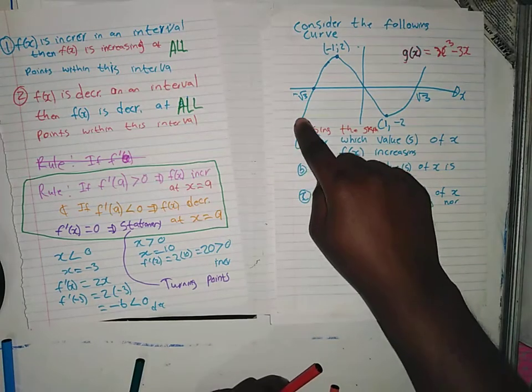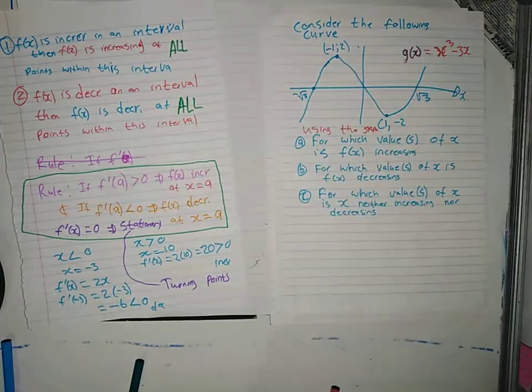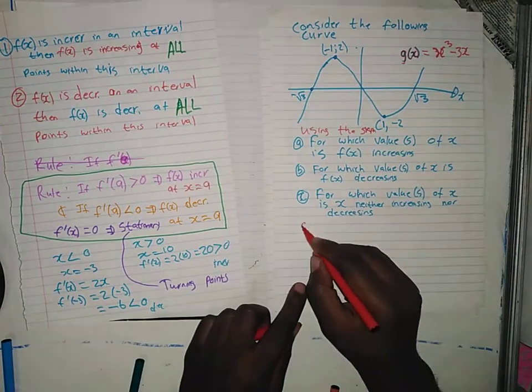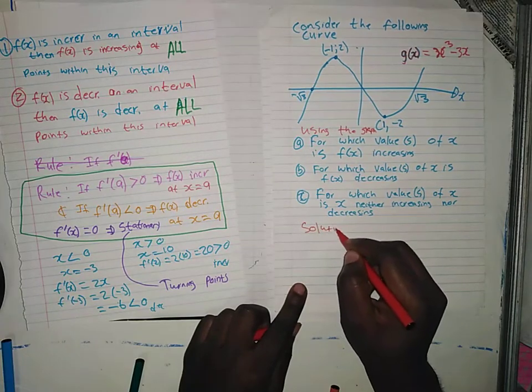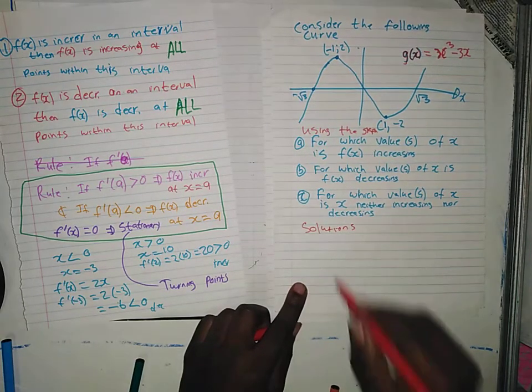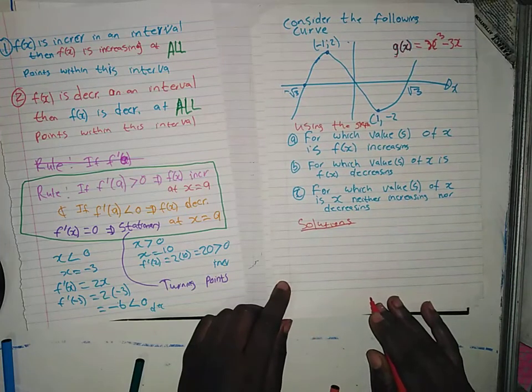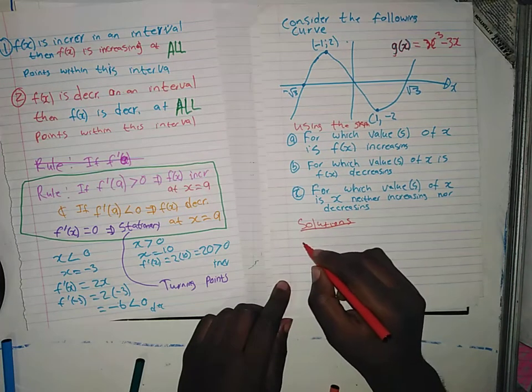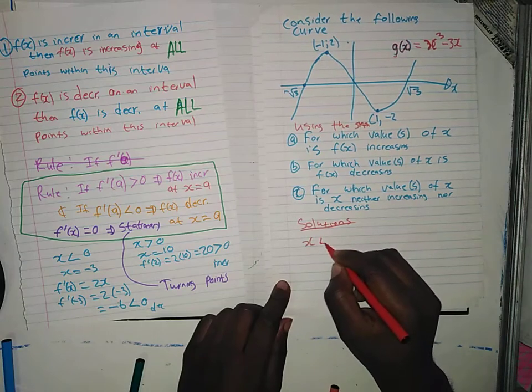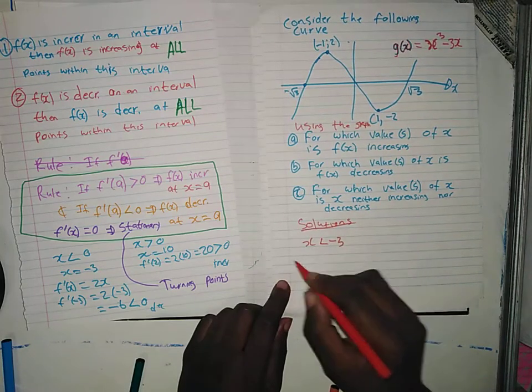Let's go from the left. We know we are increasing. We've found the first one. So it is increasing where? At x less than minus 3. That's A.